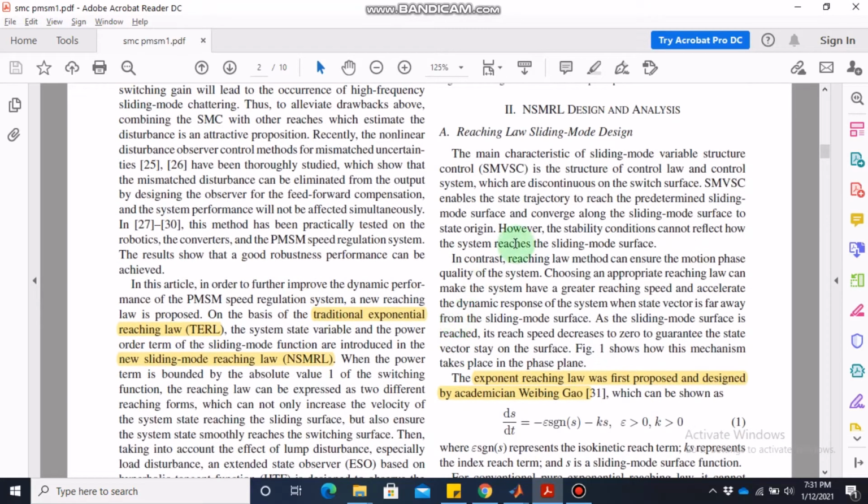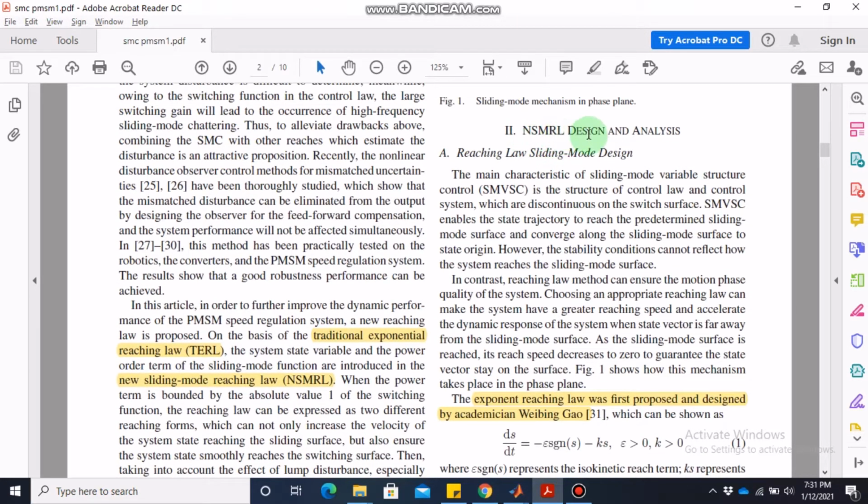Section 2 presents their sliding mode reaching law design and analysis.